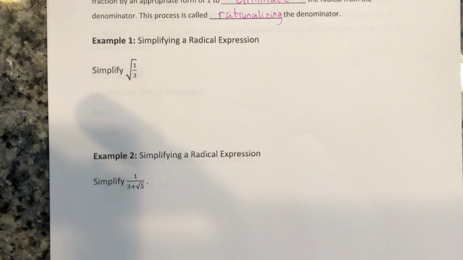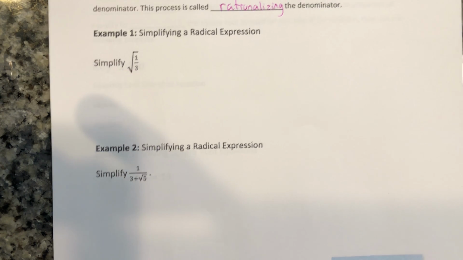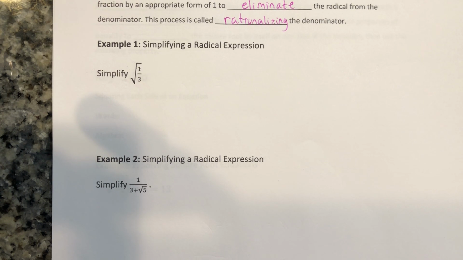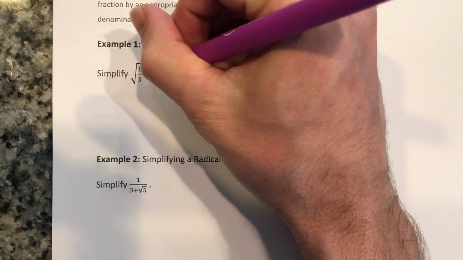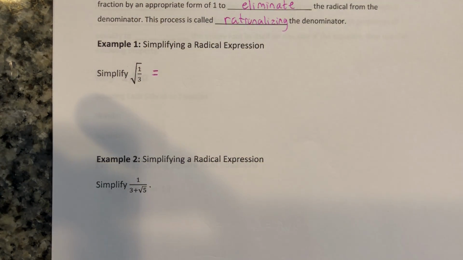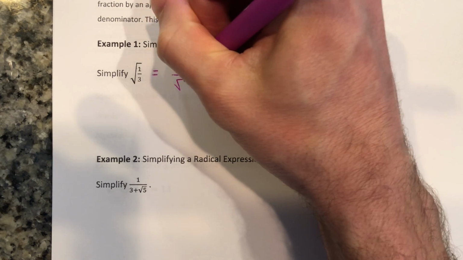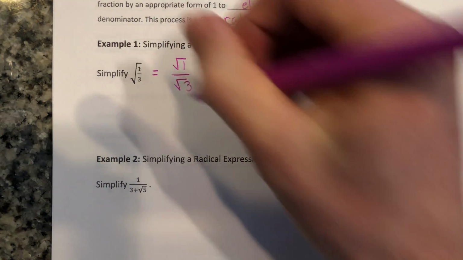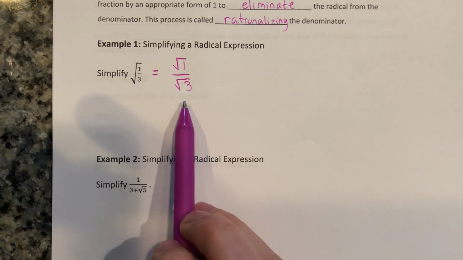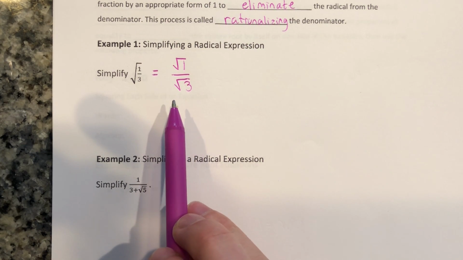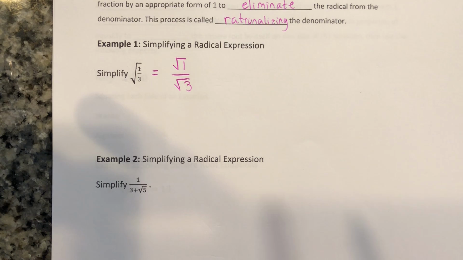So here is example 1. Let's look at it right here. When we simplify this, we can rewrite the square root of 1/3 as the square root of 1 over the square root of 3. We want to rationalize the denominator, so we want the square root of 3 to become some rational number.